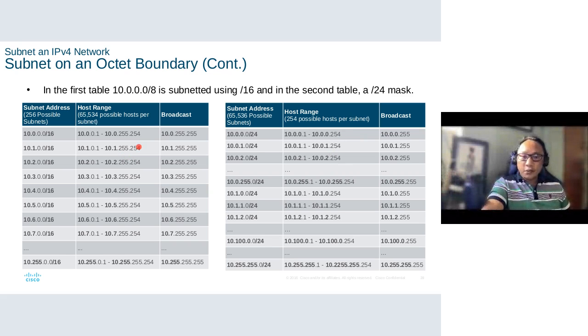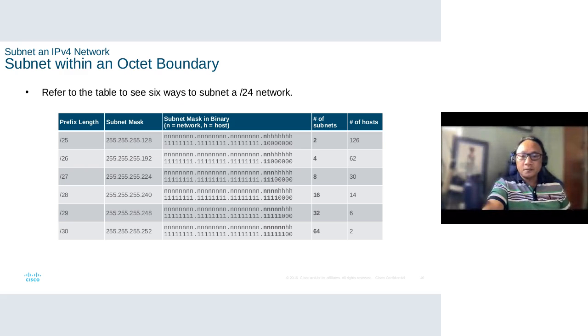We also understood last time that the lower the prefix is, it can be divided into smaller subnets. As you can see, /8 can be subnetted using /16. It can also be subnetted using /24.